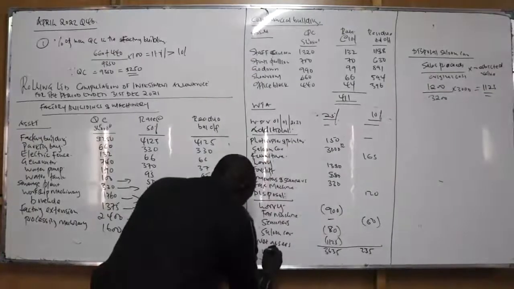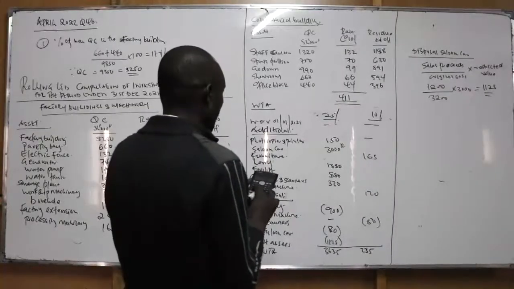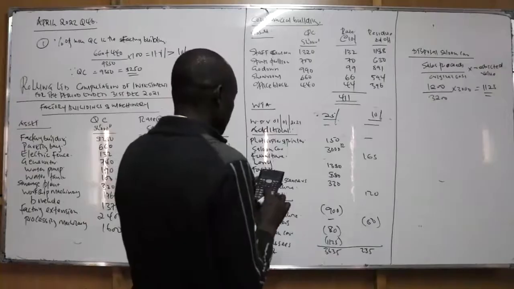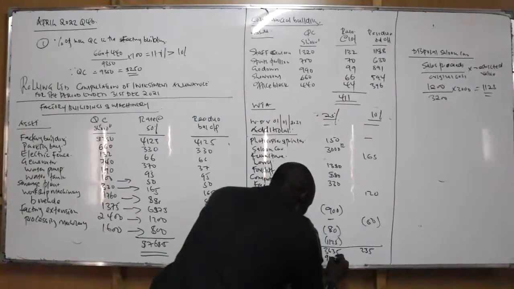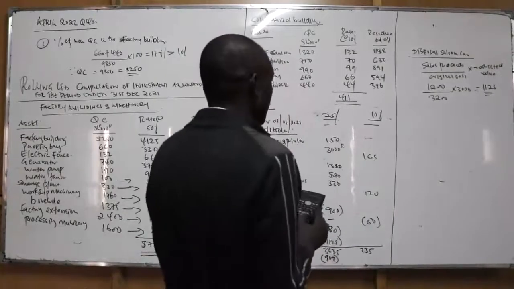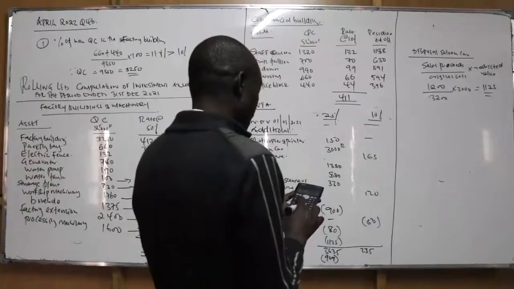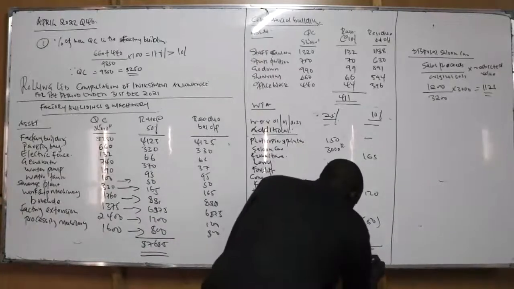Then you claim wear and tear allowance. 3635, you claim at 25%. So you get 908.75, which I've rounded off to 909. And then 235 times 10% is 23.5.